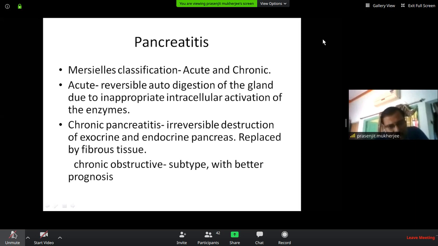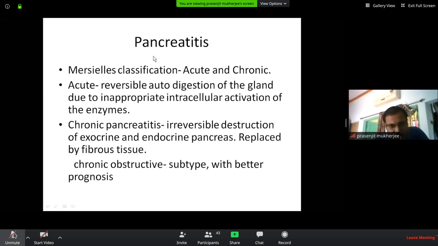Naturally, when there is intracellular activation, this will digest the cells, and acinar and pancreatic tissue will be digested. When the cause is withdrawn, then gradually the pancreas reverts back to its original anatomy and function. That's why it is reversible.